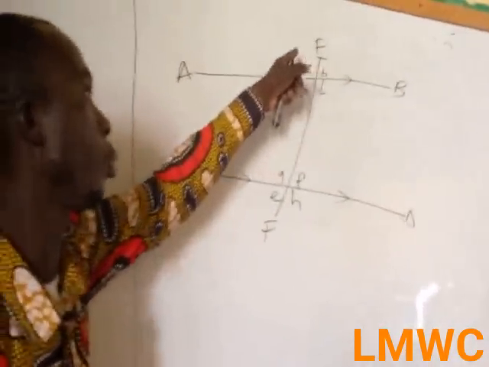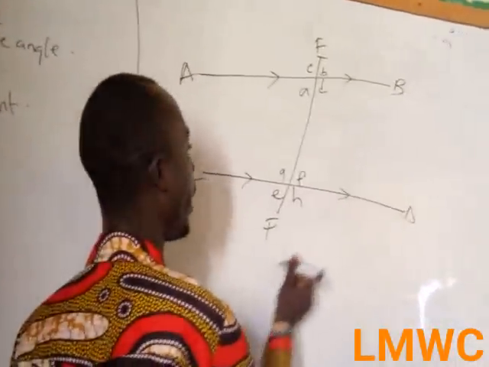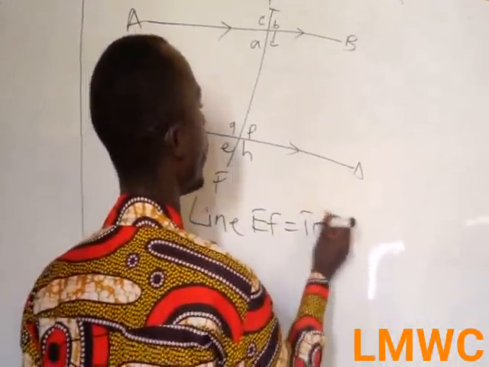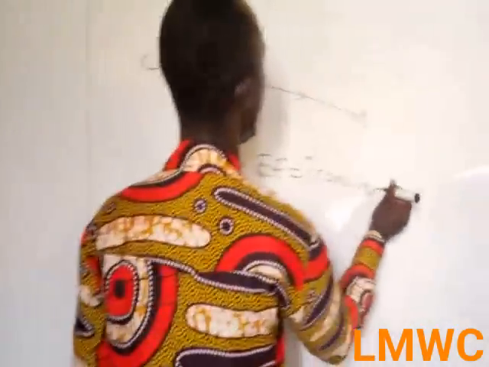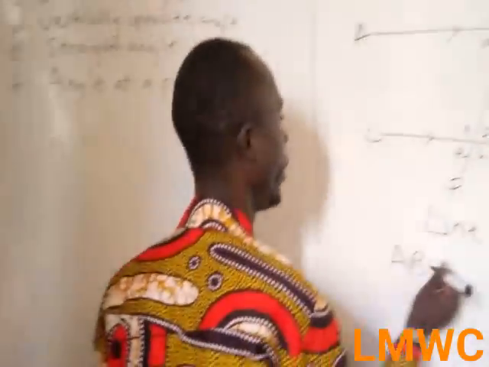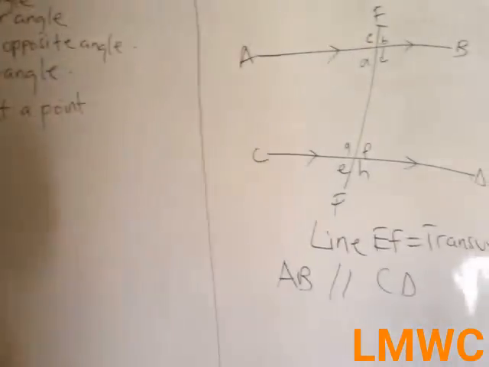This line passing through the parallel lines, we call it the transversal. Line GS is called the transversal. And AB is parallel to CD. Take note, AB is parallel to CD.